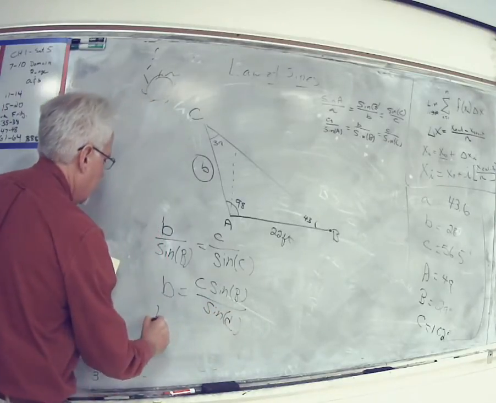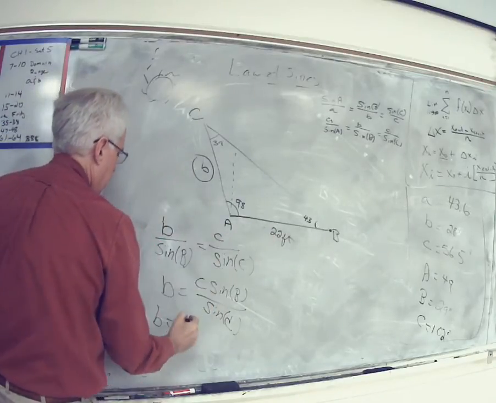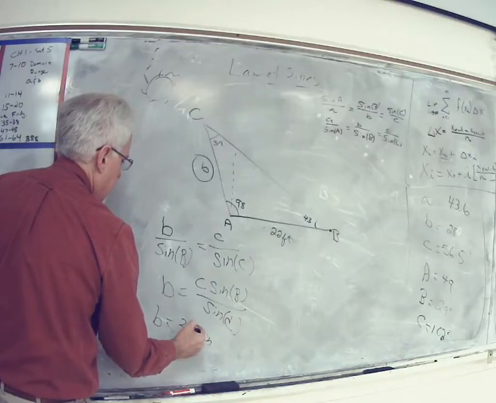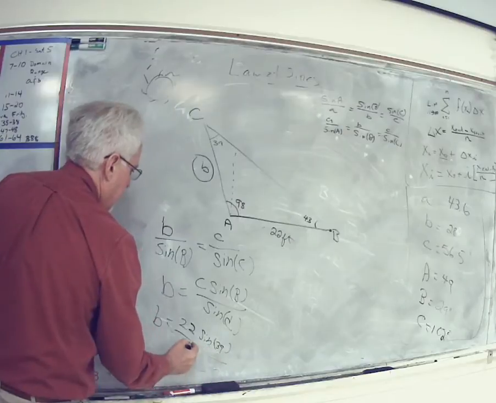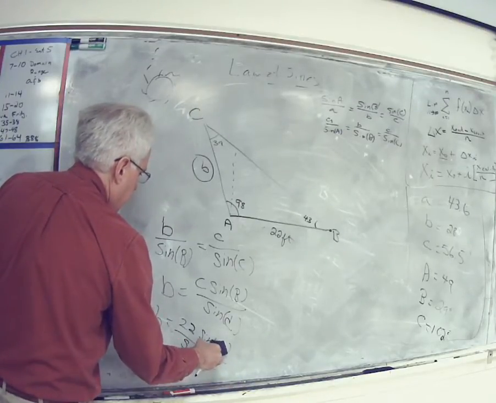So then b is equal to, what is c? c is 22. 22 times sine of 39, oh wait, no, it's sine of 43 over sine of 39.